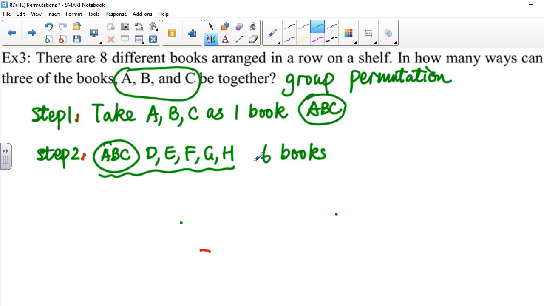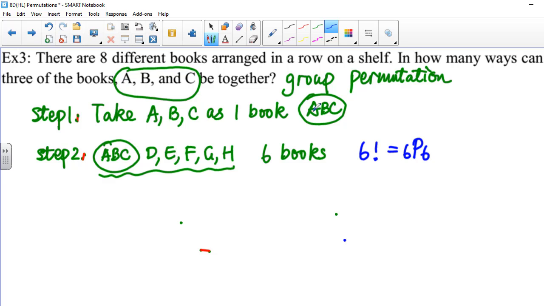So that means I still have 6 books to form different orders, to form permutations. How many different ways are there? So in step 2, 6 books to form permutations. There are 6 factorial ways, or 6p6.